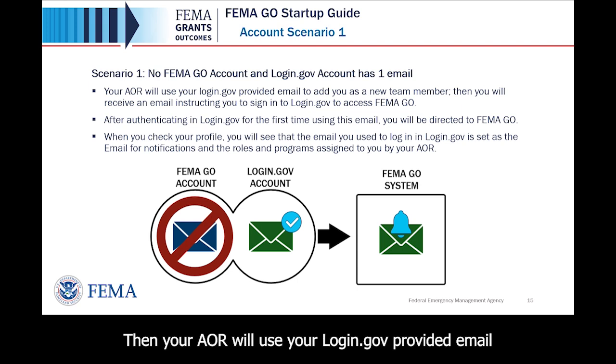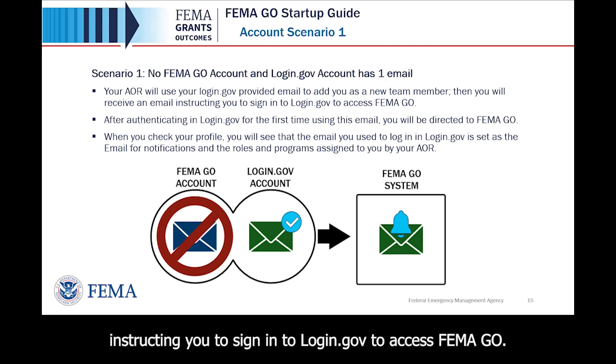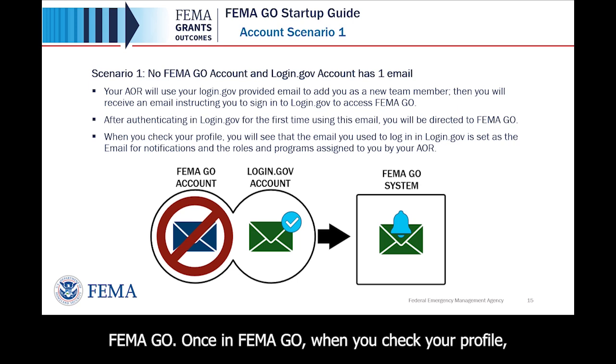Then your AOR will use your login.gov provided email to add you as a new team member. Then you will receive an email instructing you to sign in to login.gov to access FEMA Go. After authenticating in login.gov for the first time using the email address, you will be directed to FEMA Go.